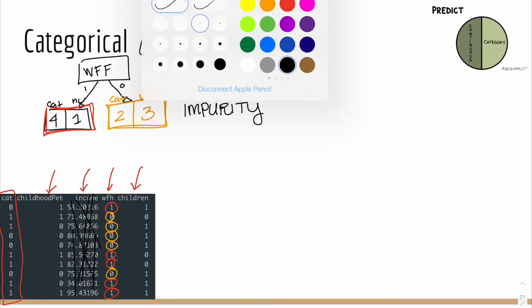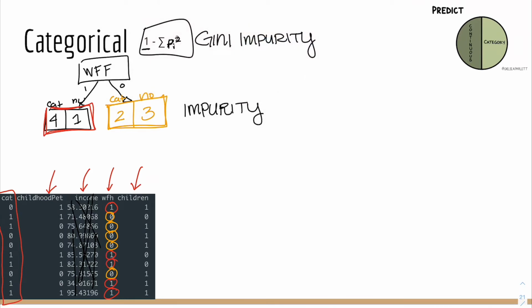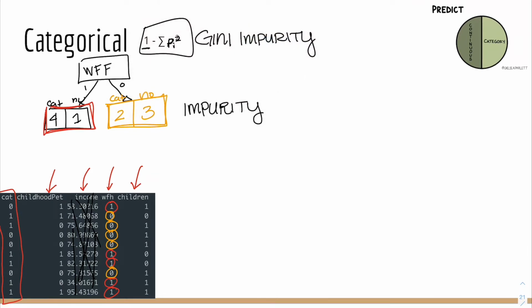I'll switch back to red. So for this left-hand node here, the Gini impurity is going to be 1 minus the probability of one category. So let's look at just cat owners. So we can say 1 minus the probability of being a cat owner given that you're in this node. So that's 4 out of 5 squared minus 1 out of 5 squared.